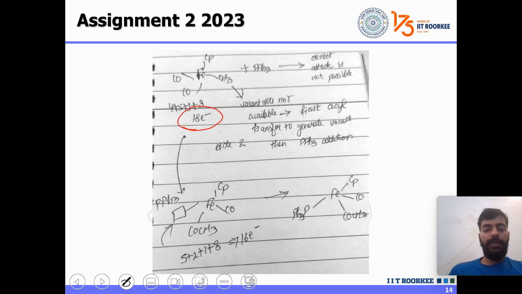If we want to insert PPh3, direct attack is not possible. That means first one elimination will occur, carbonyl will go outside, and then PPh3 or this ligand will come, and again 16 to 18 electron complex formation will happen. Okay, this is how this question will be addressed.